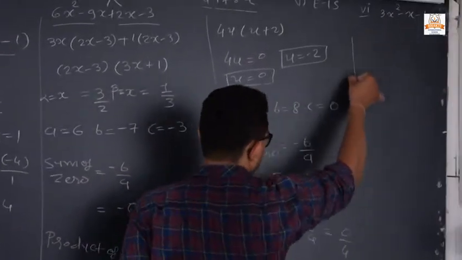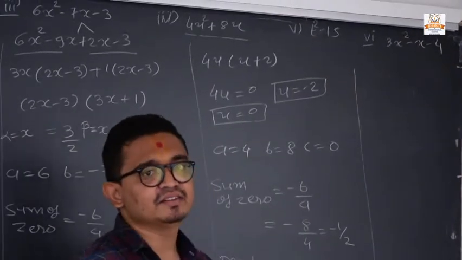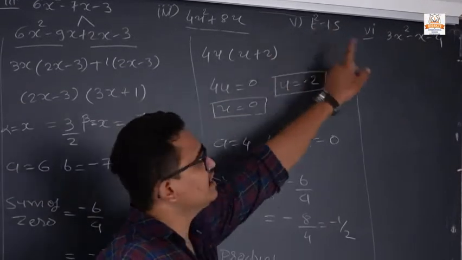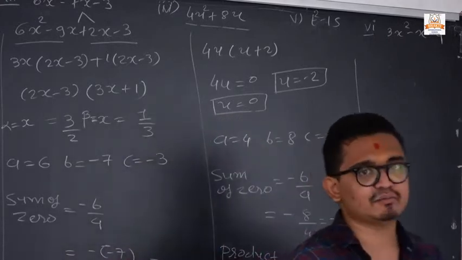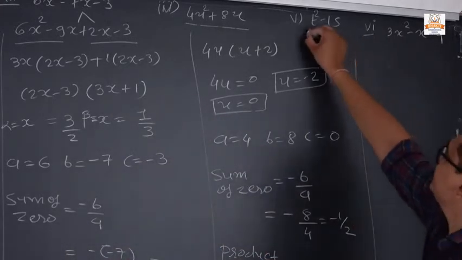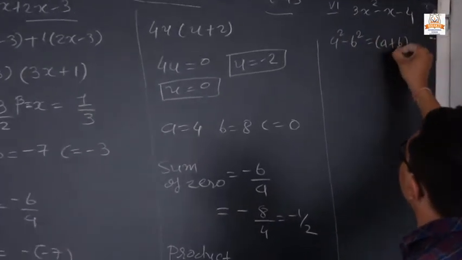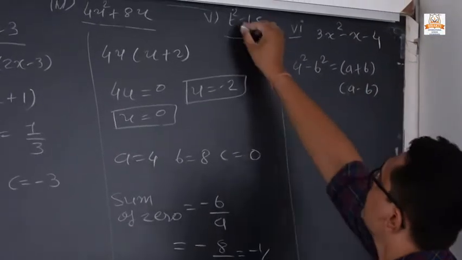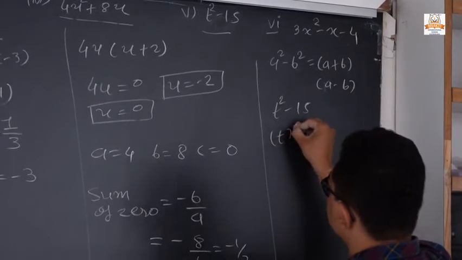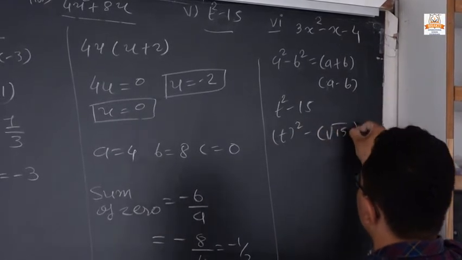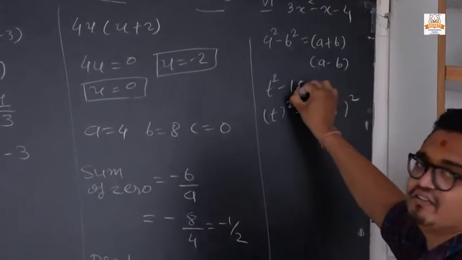Now last, t square minus 15. Here the middle term is missing. So how can we factorize? For factorization of t square minus 15, we use that formula. If you remember, a square minus b square is equal to a plus b times a minus b. So t square minus 15 we can write like that: t all square minus root 15 all square, because if we write root 15 all square, the square and root cancel, so it will be only 15.